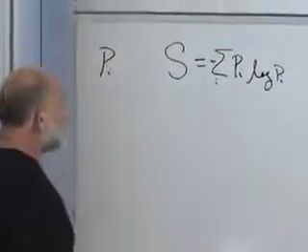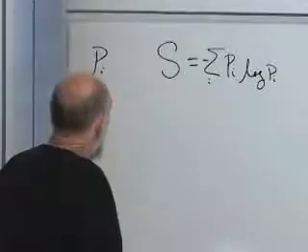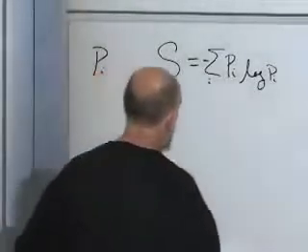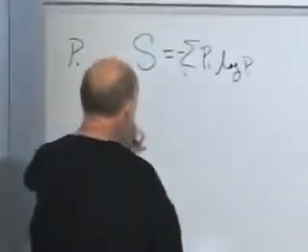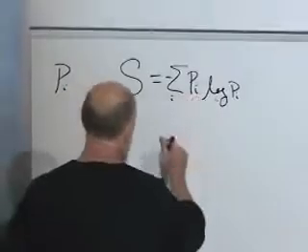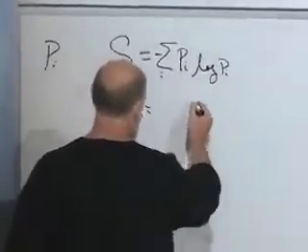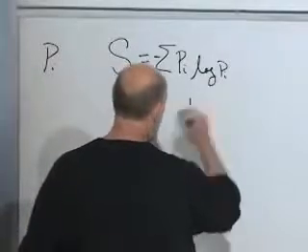The other extreme is when you have complete ignorance. In that case, each p sub i is 1 over n. Let's take it to be the same n here. Then you get S is equal to, before you do the sum, 1 over n log 1 over n.